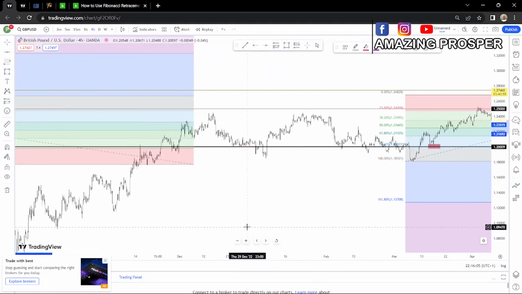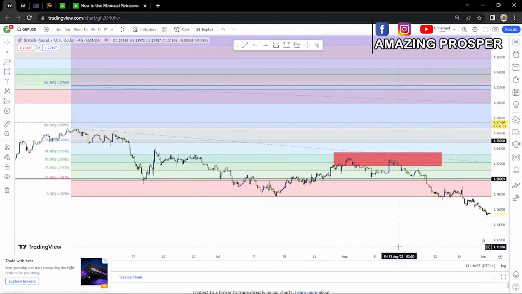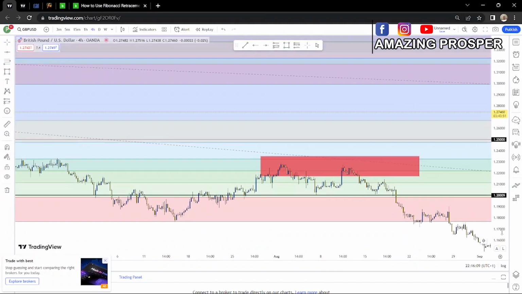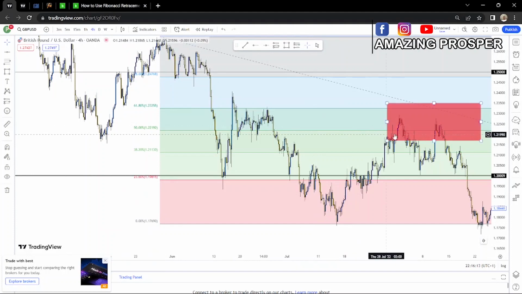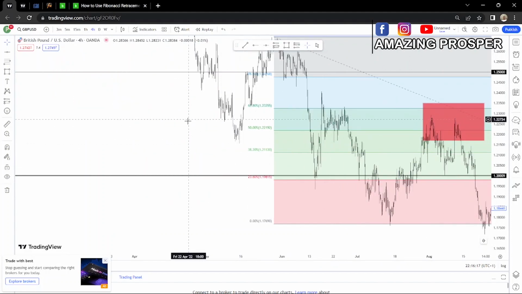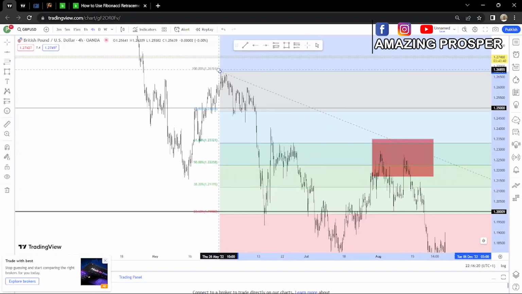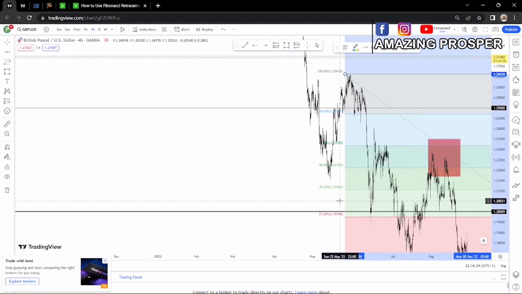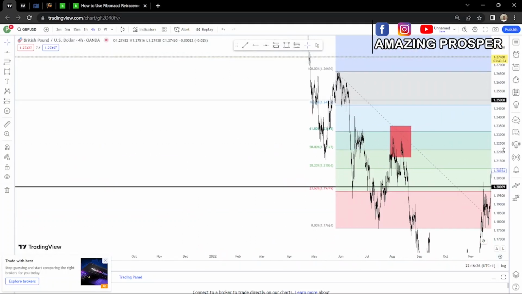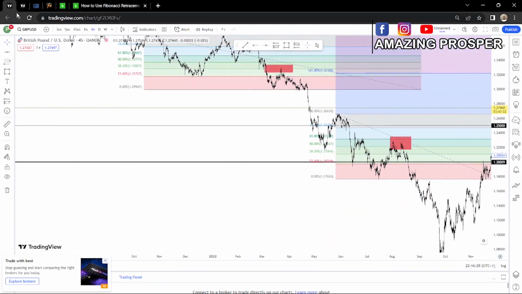Double top before it pushed down. 50.0. You can see 50.0, that was where it had the highest support. Double top, from this top to here, 50.0. So let's go over to GJ to see how it is moving on GJ.